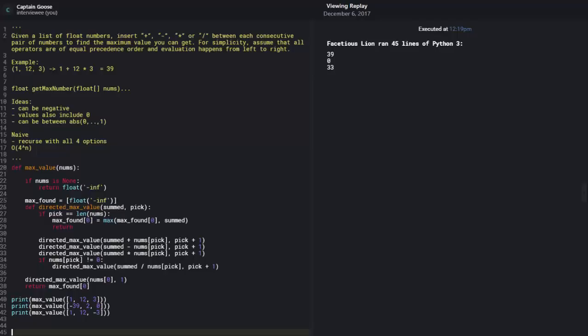So what I end up getting is that my directed max value at some pick plus 1, for some pick and some 1, so what am I saying? I'm thinking that I should have some cache where I have 2 values. Like instead of just having my pick, I would have, say, some pick and some sum that I should be able to look up. But I'm not sure what that exactly would give me back.